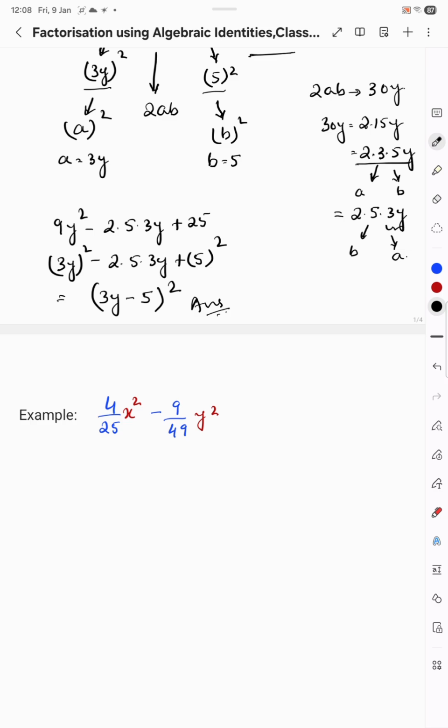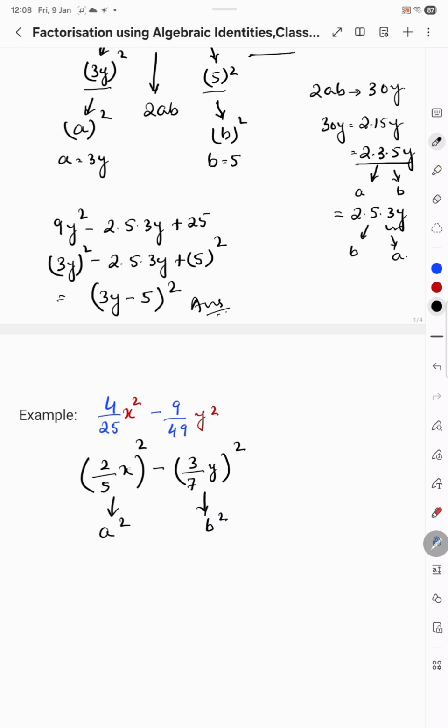Here we have 4 upon 25x square minus 9 upon 49y square. Now see, this can be written as (2 by 5 x) whole square minus (3 by 7 y) whole square. So this we can take as our a square, and this we can take as our b square.